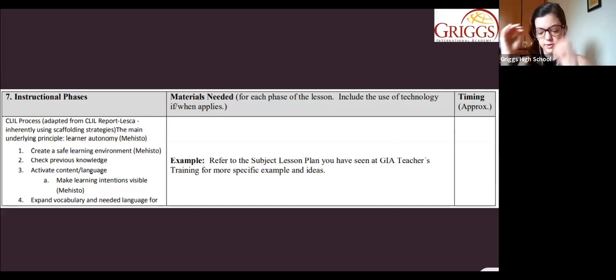Or the closing activity could be writing a reflective paragraph about connecting the GIA key values with what they learned in class. And that's going to take 10 minutes or 15 minutes. Depends on which activity you choose.